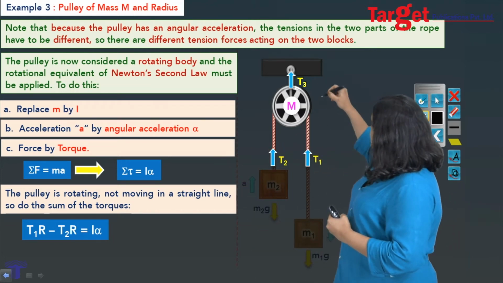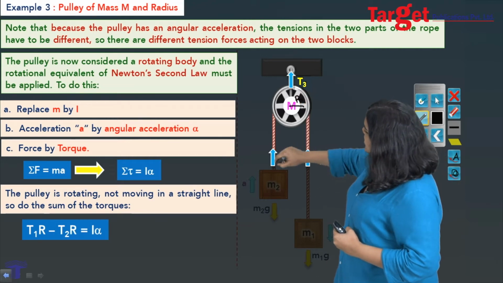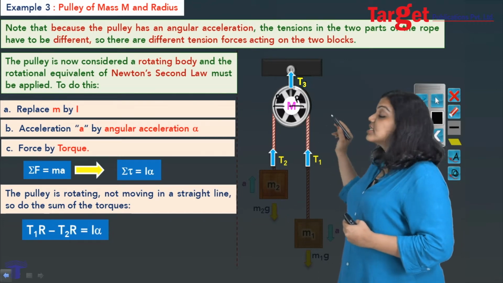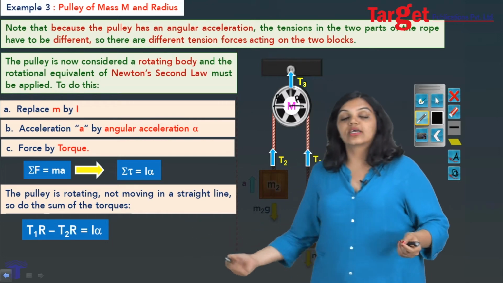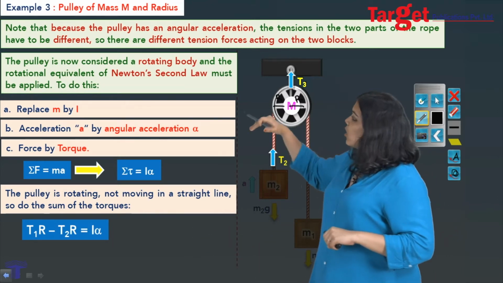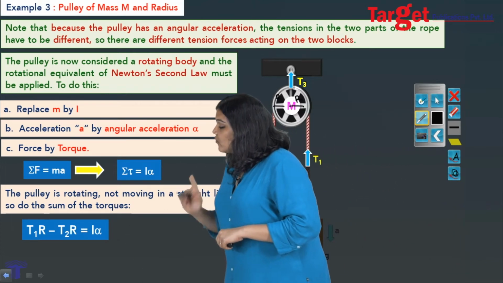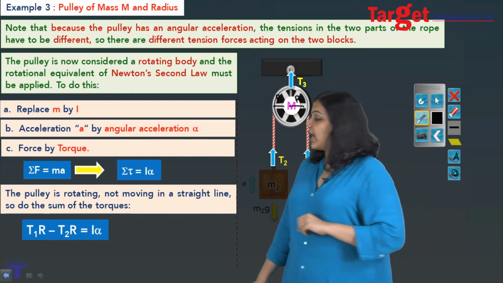That is, in this case, T1 is a distance r away from the pivot. Similarly, T2 is also a distance r away from the pivot, but in each of these cases they are in opposite direction, and therefore one will come with the minus and one will come with the plus. Usually the anti-clockwise moment comes positive and the clockwise moment comes negative. If you follow those directions, you will get T1R minus T2R is equal to I alpha.